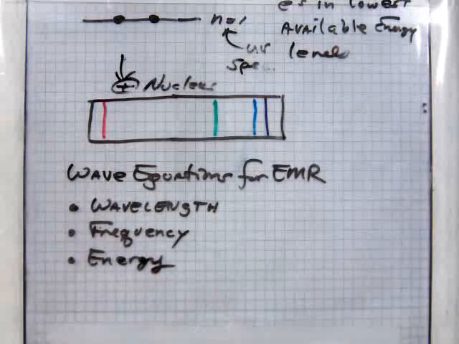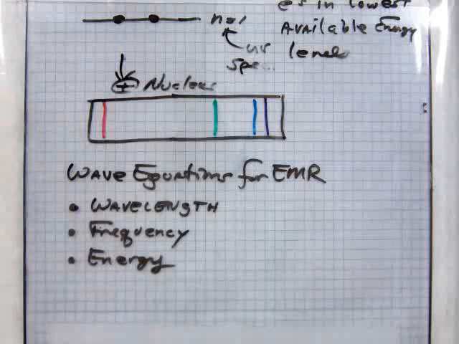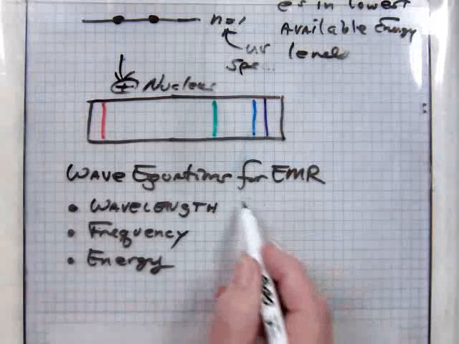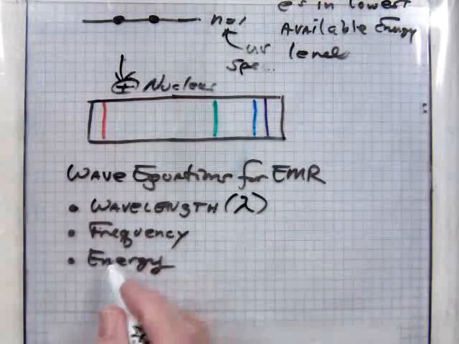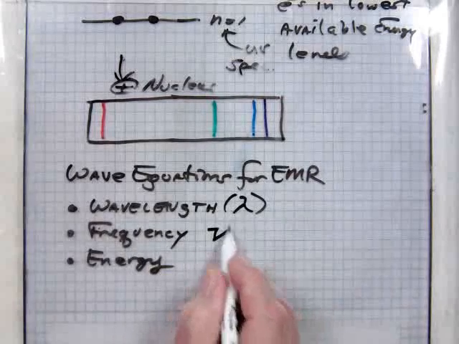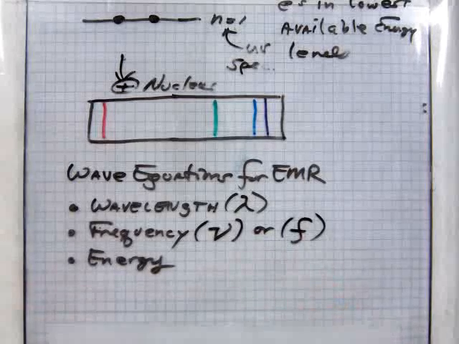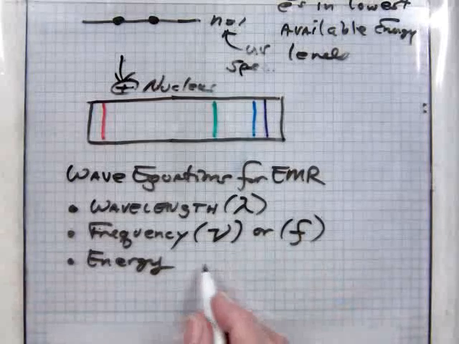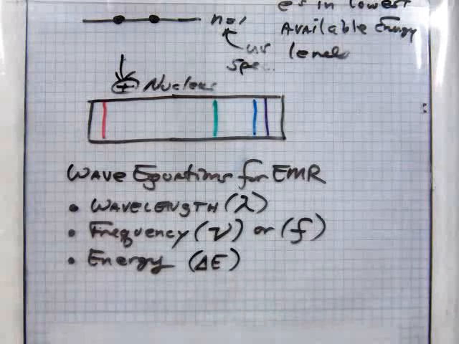Now, there is a variable known as amplitude, which is simply the height of the wave, but that is not taken into account in the equations I'm about to show you. But wavelength is given by a symbol lambda. I'll explain these in detail. Frequency, you'll find, looks like a V, or you might in some cases see a lowercase script f for frequency. And of course, energy is simply delta E for whatever wavelength you're talking about.